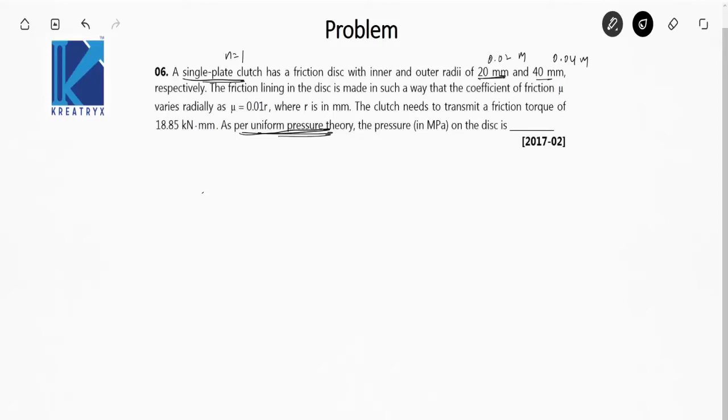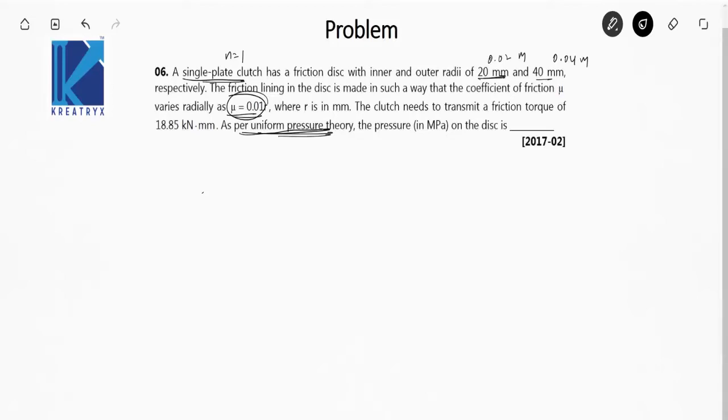The friction lining in the disc is made in such a way that the coefficient of friction mu varies radially, as mu is equal to 0.01 r, where r is in mm. So the coefficient of friction is varying, it is not constant. The clutch needs to transmit a friction torque of 18.85 kilonewton mm.